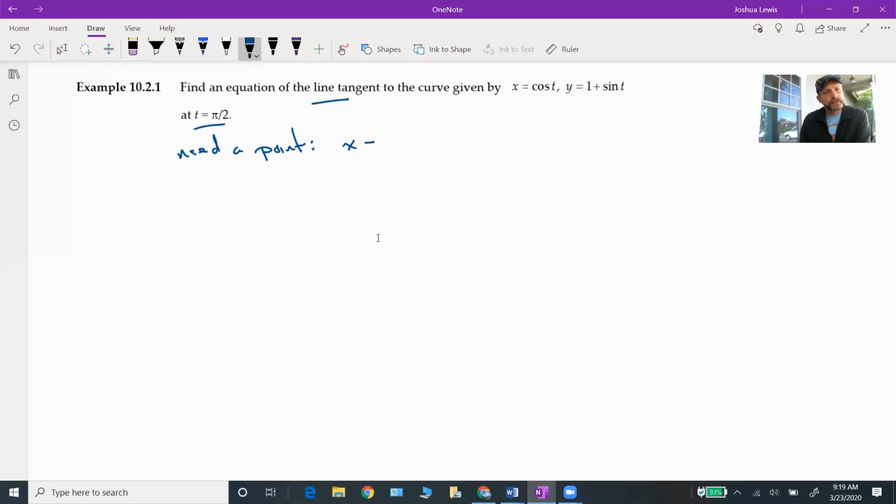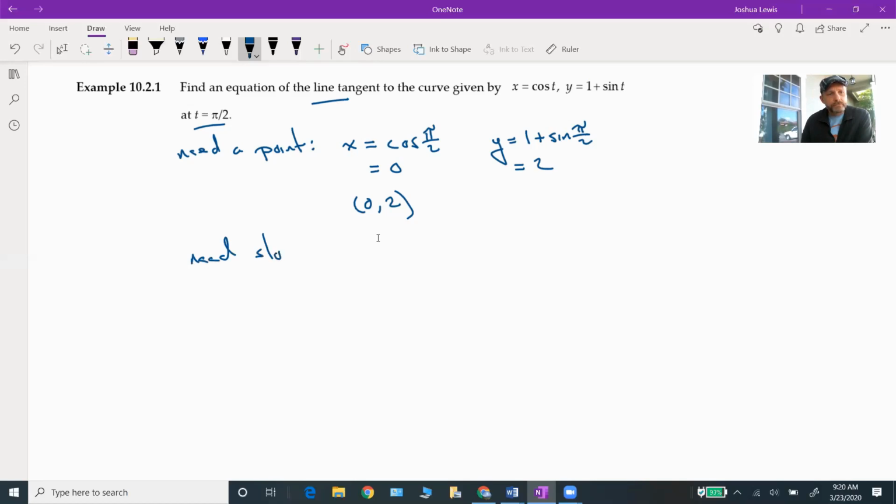So the point is cosine pi halves, which is 0, and then y is 1 plus sine pi halves. Sine pi halves is 1, so 1 plus 1 is 2. The point we have is (0, 2). That's kind of nice. This point is actually the y-intercept.